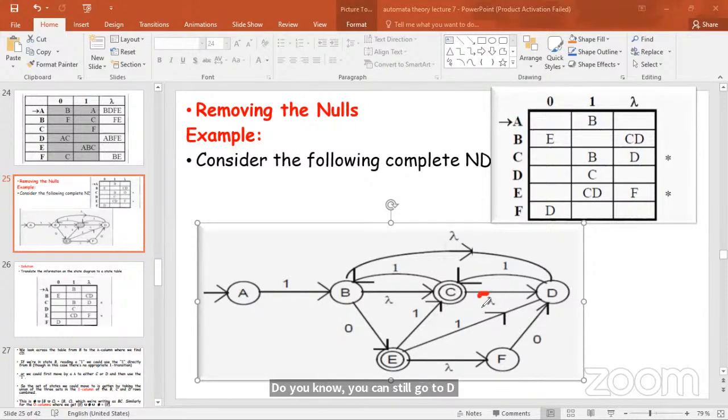Because there is a lambda here again, but that is not for this class. But for the fact that there is another lambda that can make you go straight, you can represent it as C and D. Let's assume that this place is E. So B, it will be what?